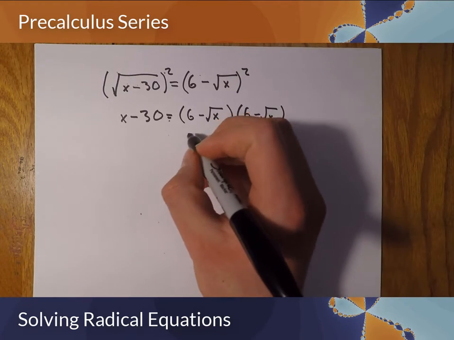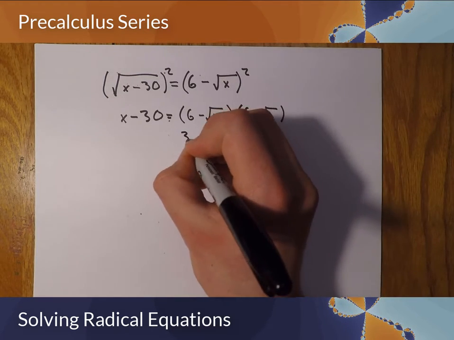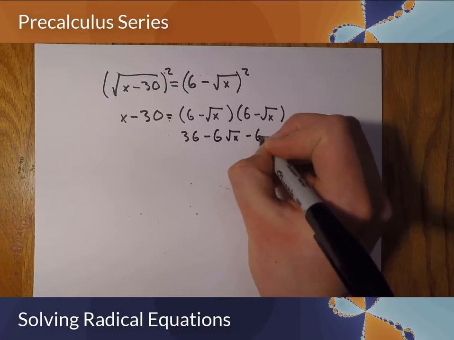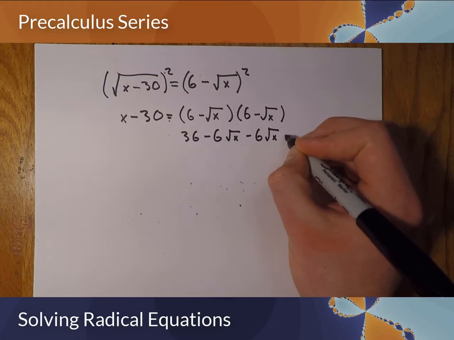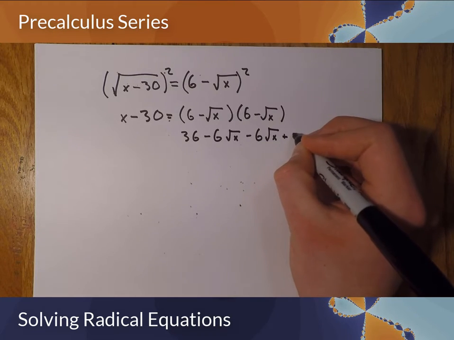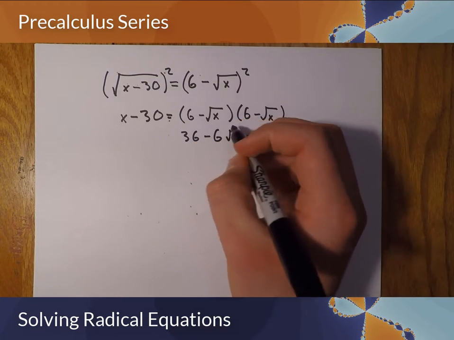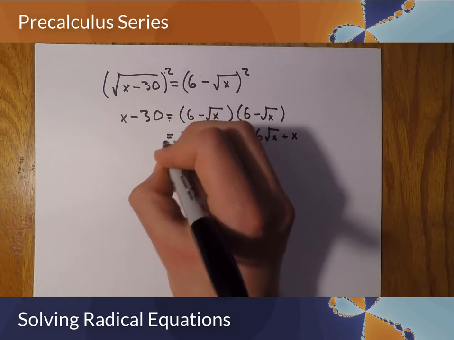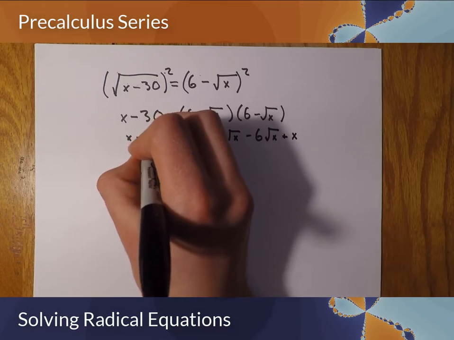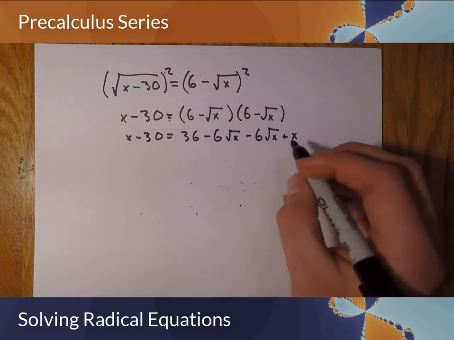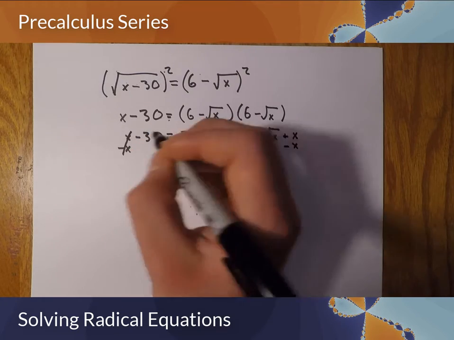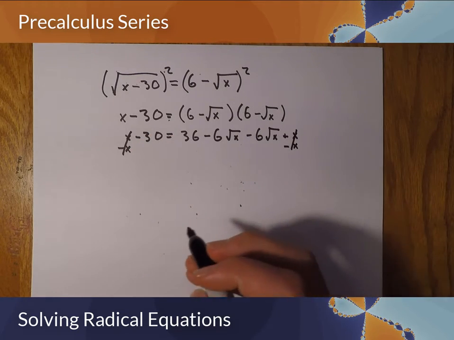So now you've got to expand this, and so you get 36 minus 6 root x minus 6 root x plus x, because negative square root of x times negative square root of x is positive x, and that's equal to x minus 30. And so now we can subtract both sides by x, and right there you can see how they cancel out.